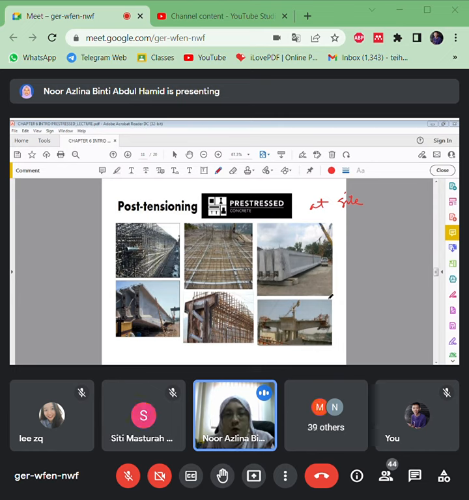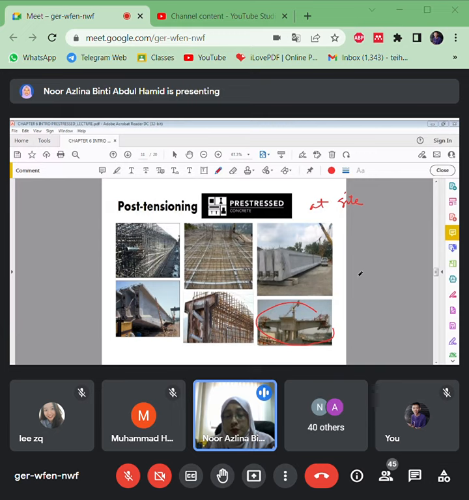So post-tension is suitable for complicated structures, such as this box girder, any shapes, any forms of structure, compared to pre-tension.